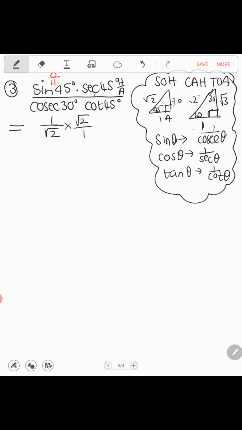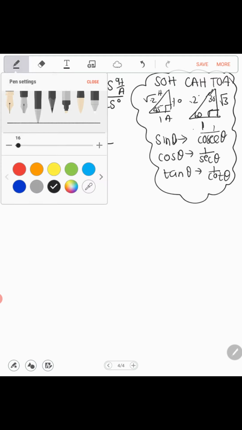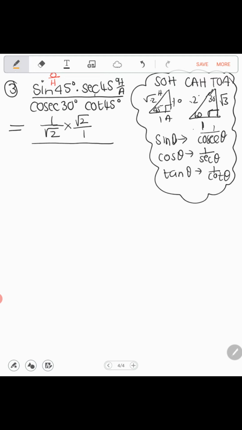Okay, at the bottom, cosec 30. Now I need to go into this triangle, looking at the 30 degrees, so this is adjacent, opposite, and hypotenuse.